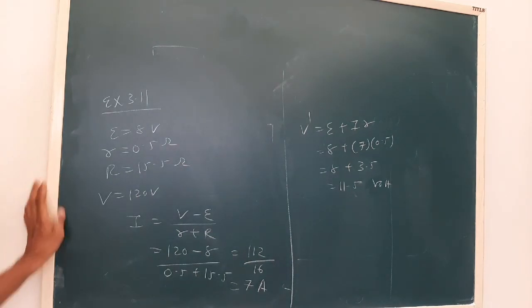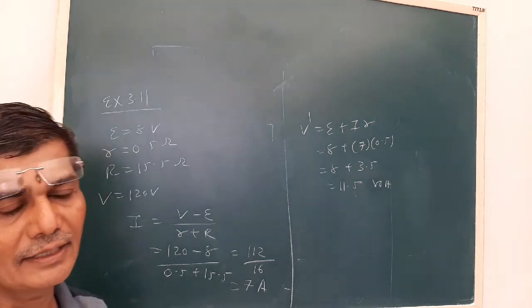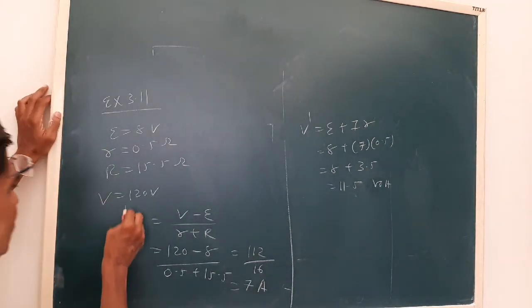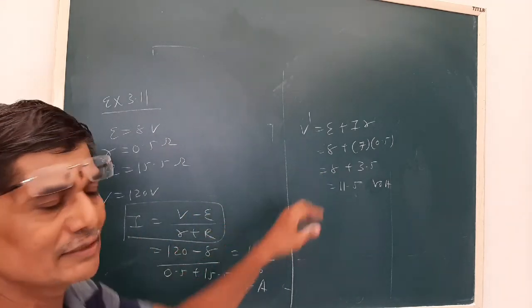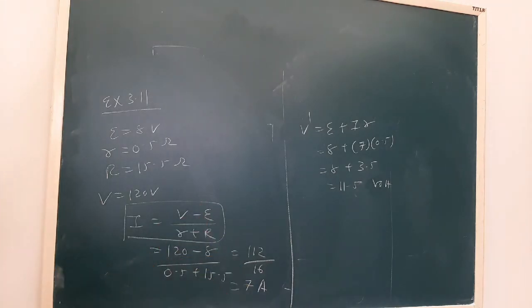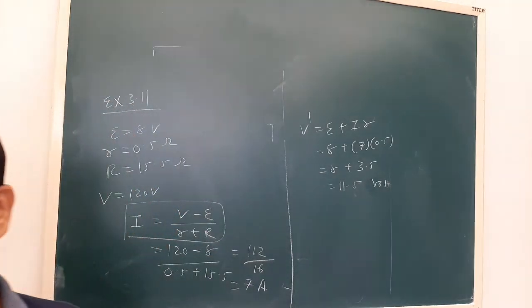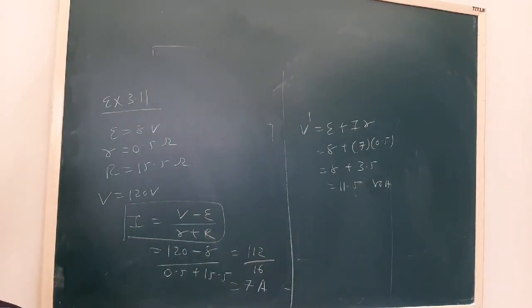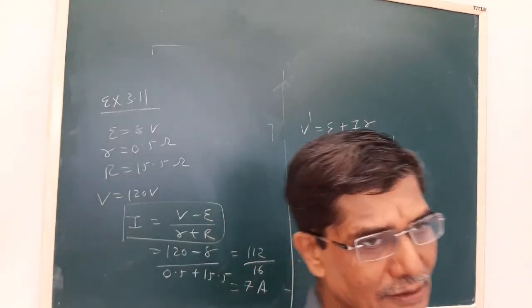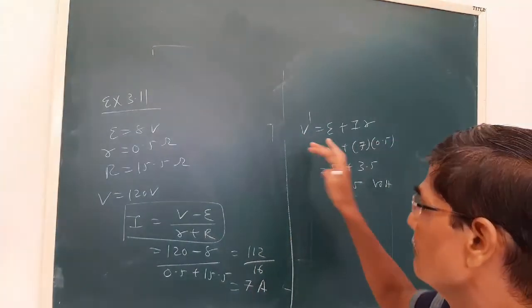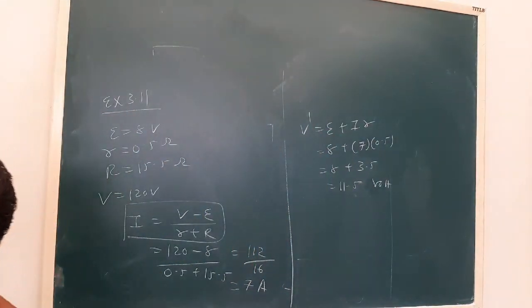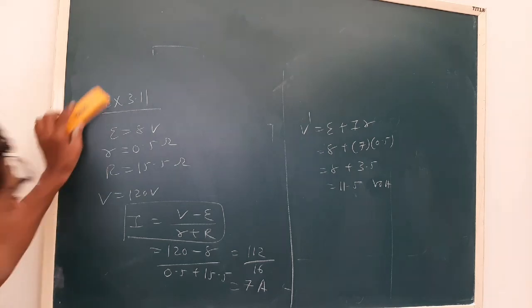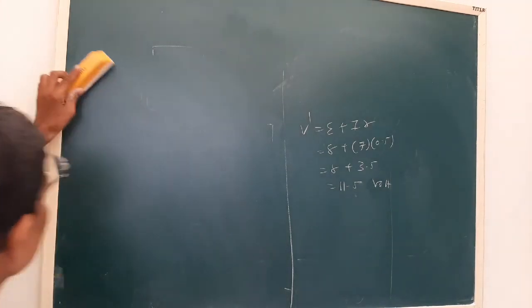This is the case of the charging of a battery by a larger battery. First we obtain the value of current I, then V is equal to E plus Ir. Why? Because, as I discussed in the theory part also, whenever one battery is being charged by the other, we have to use the relation V is equal to E plus Ir instead of V is equal to E minus Ir.